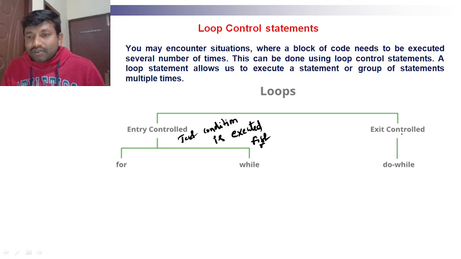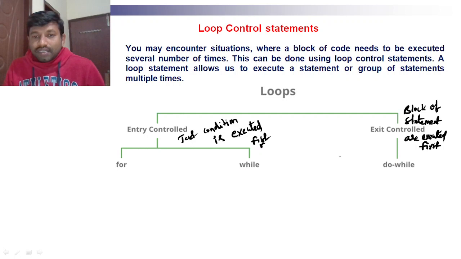In the exit controlled, the block of statements is executed first. We will see all these one after another with a series of examples, and I want to do live sessions where we will solve n number of problems. But in this session I want to introduce you to the different control instructions.